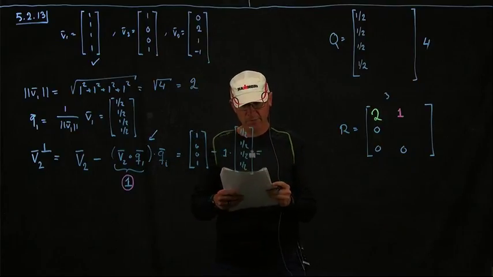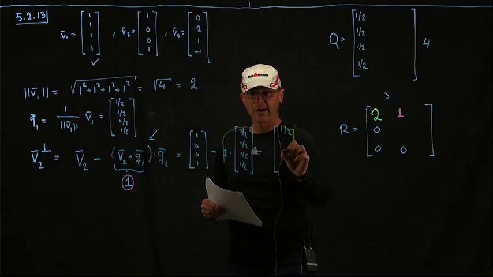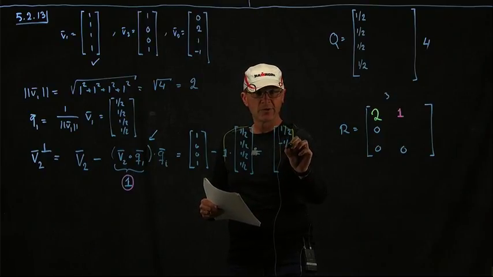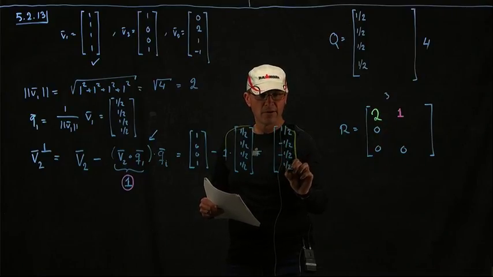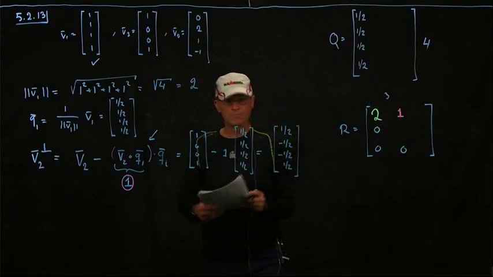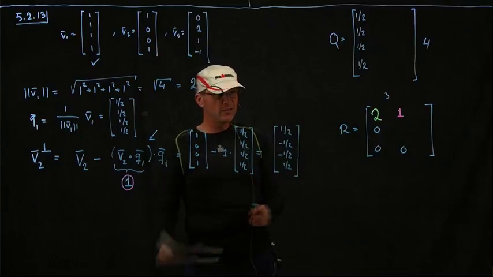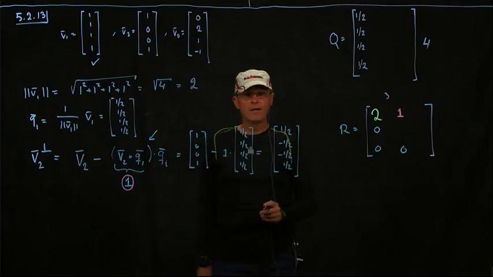So we end up with the vector that is 1/2, minus 1/2, minus 1/2 and 1/2. So that is V2 perpendicular.